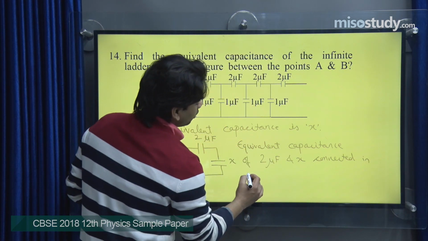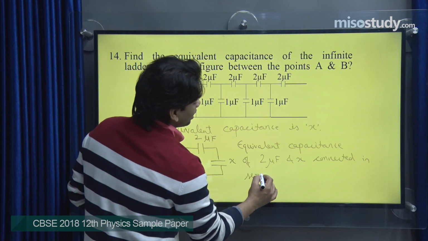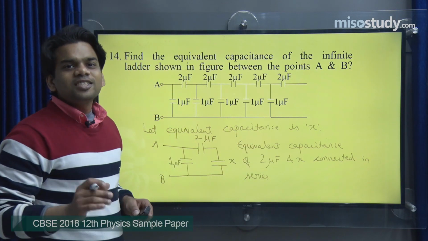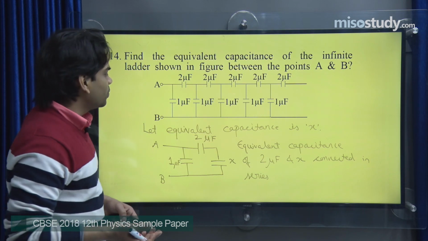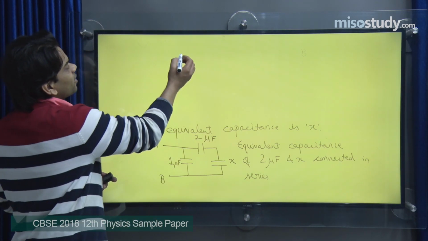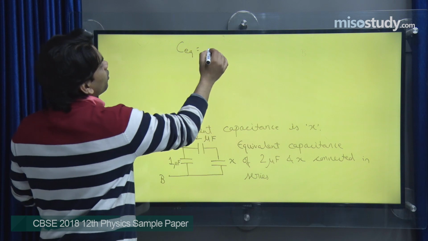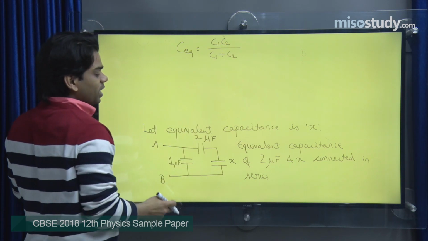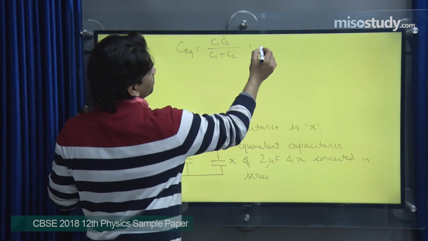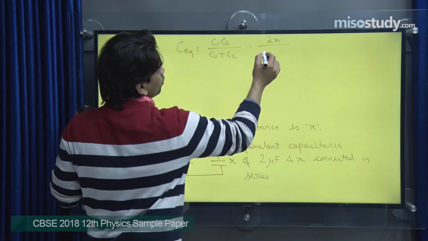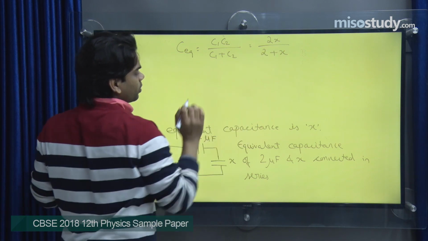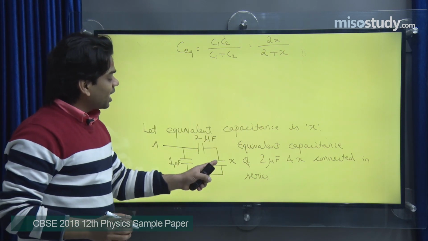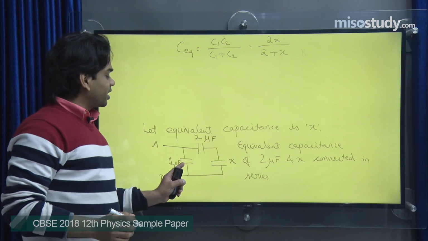We know that for capacitors connected in series, C equivalent is C1 into C2 divided by C1 plus C2. So you'll be having 2 into X upon 2 plus X, 2X upon 2 plus X. Now this entire combination of 2 and X is connected in parallel with 1 microfarad.